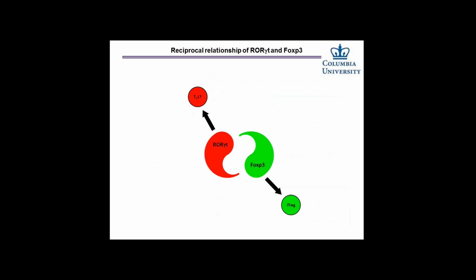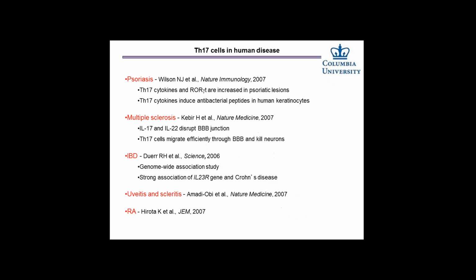These two cell types establish the type of immune response or the type of immunity that is generated at any particular time. And this is even intricately woven into the interaction between the two major transcription factors. In fact, it has been shown that they are expressed in precursors at the same stage, in the same cell, and interact and inhibit each other. And depending on the cytokine environment, one of them can prevail and lead to either Th17 or regulatory T cells. So there's a balance between these two cell types.